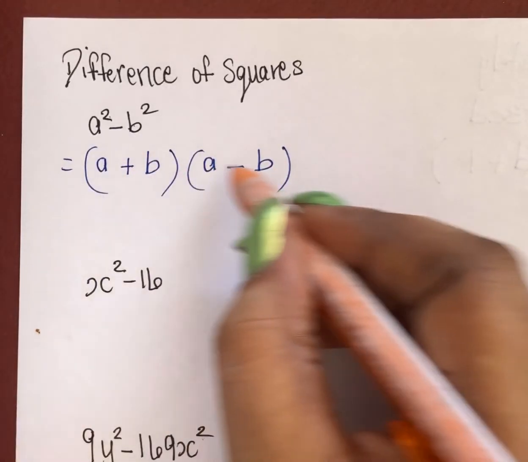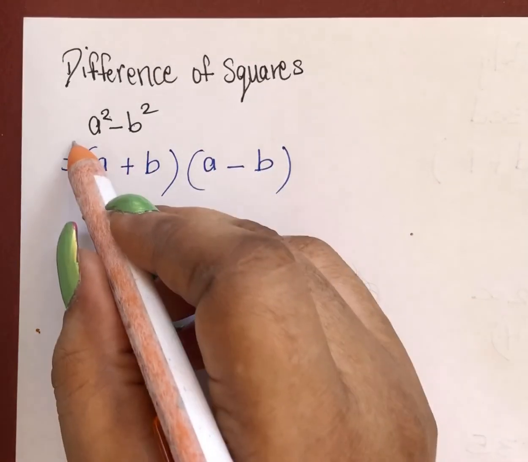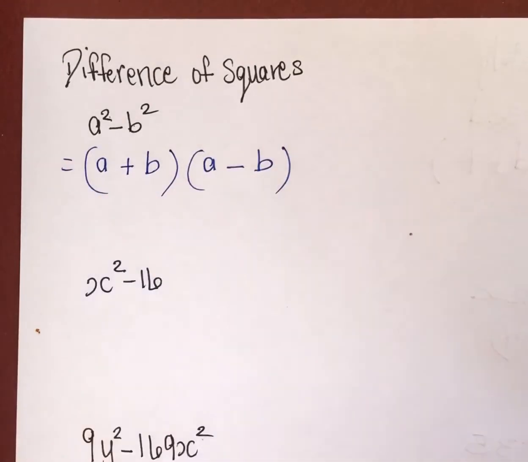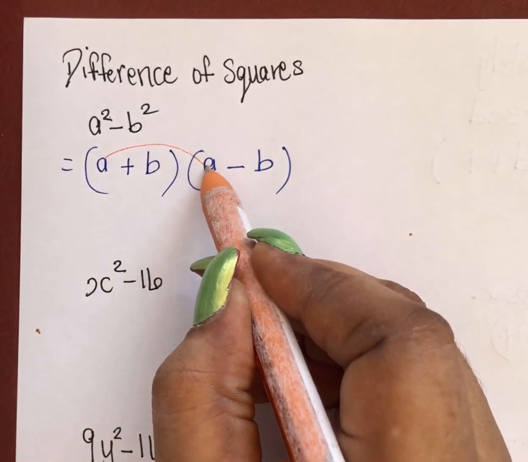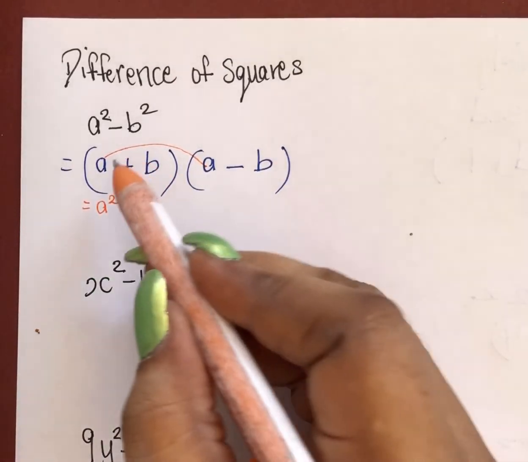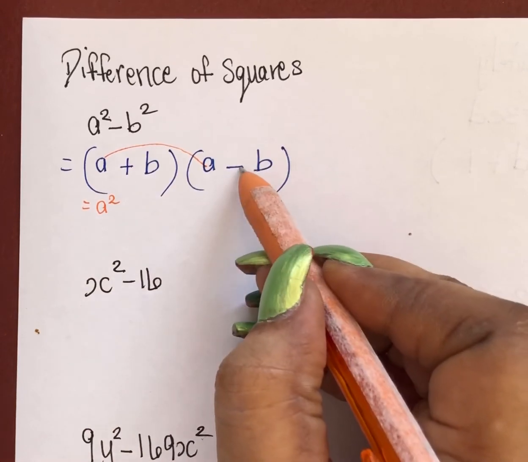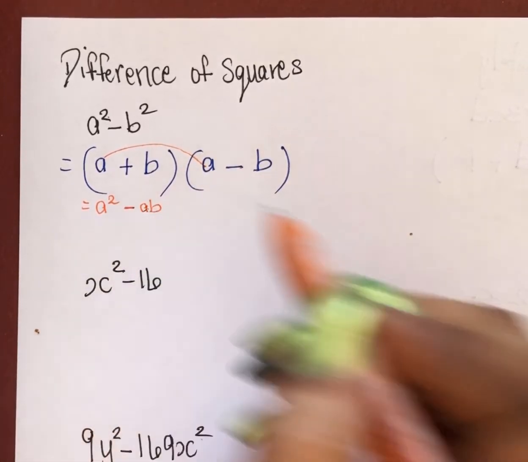Let us remove the parentheses now. So this is a check I am actually doing, because what you see here in the blue ink, that is my answer. Let us do the check. A multiplied by a will be a squared. A multiplied by a negative b will give us a negative ab.